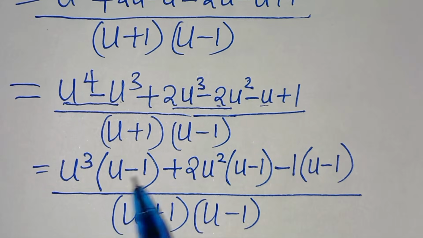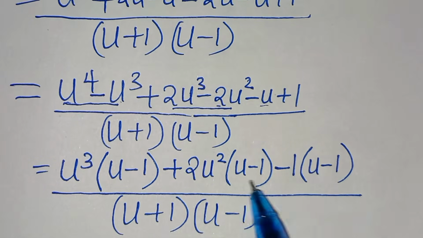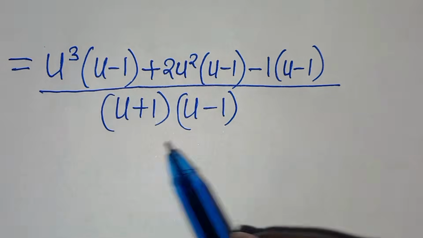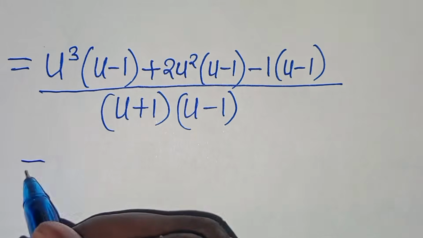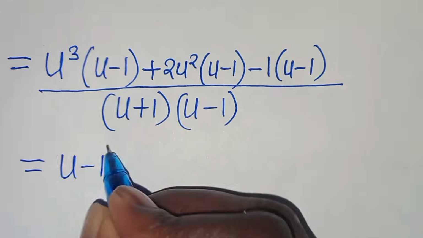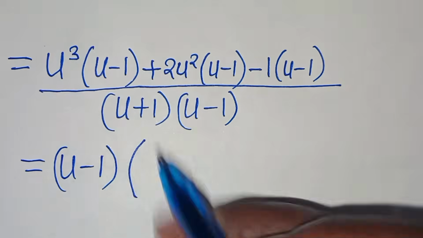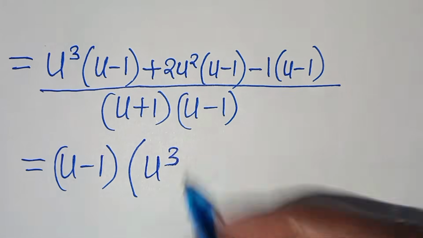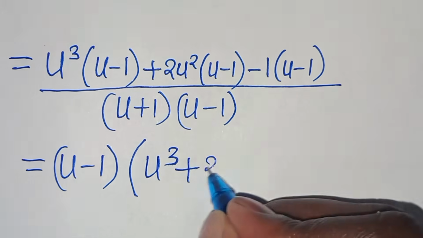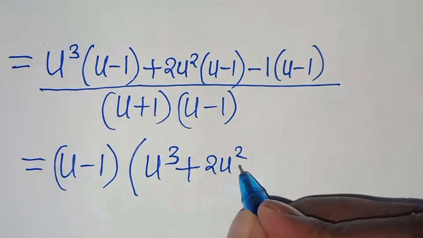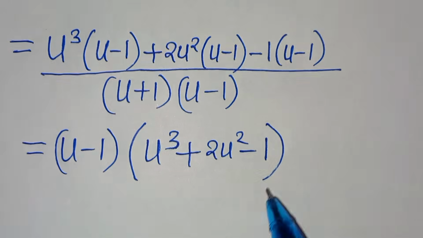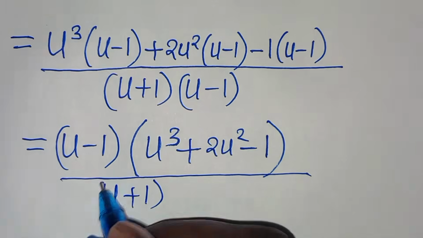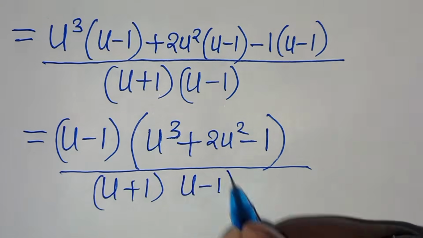Now, we have that u minus 1 is common here, so we can factor out u subtract 1 into the parentheses. This is u to the power of 3, then plus 2u squared, then subtract 1, close the parentheses, everything here divided by u plus 1 multiplied by u subtract 1.